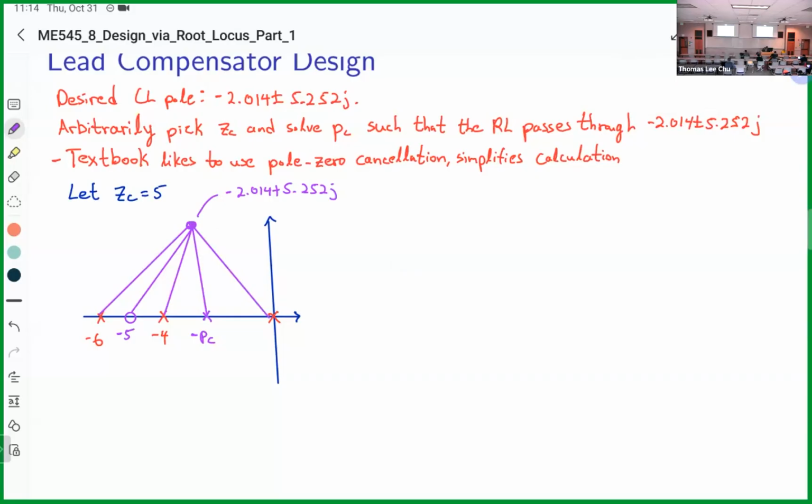So I'm going to call this one theta 1, this one theta 2, this one theta 3, this one phi 1, and then theta 4 for our pole.